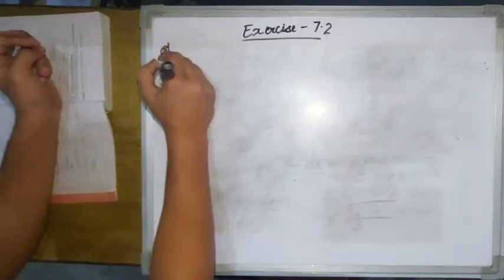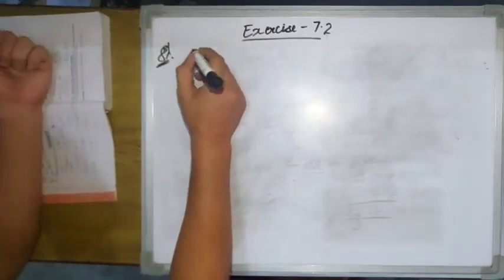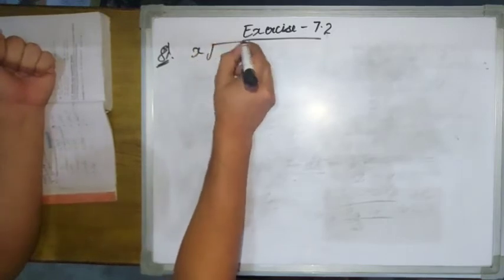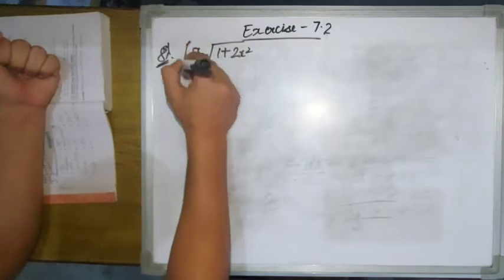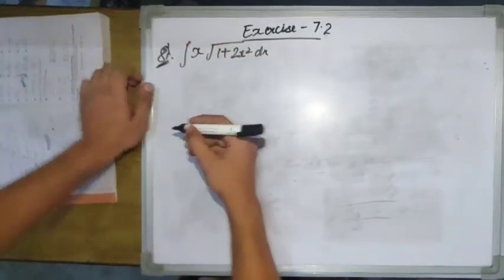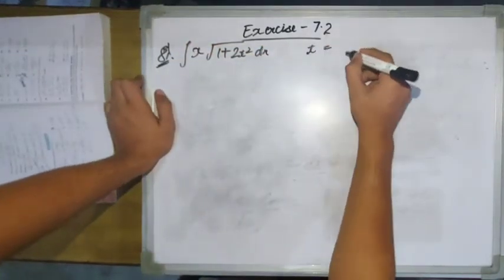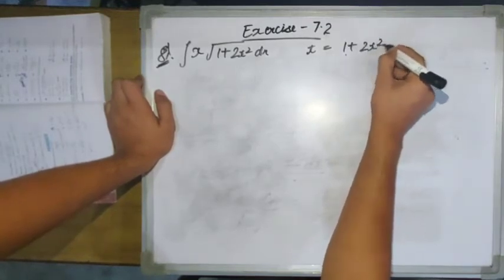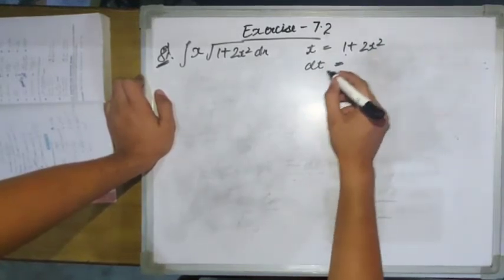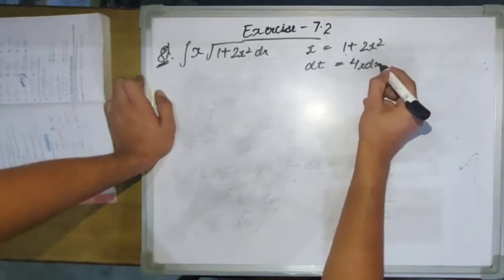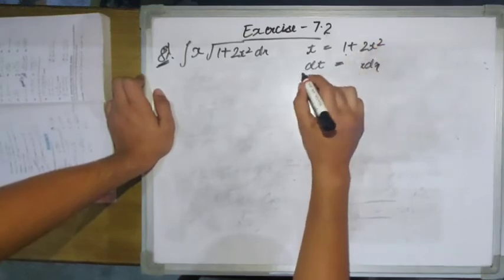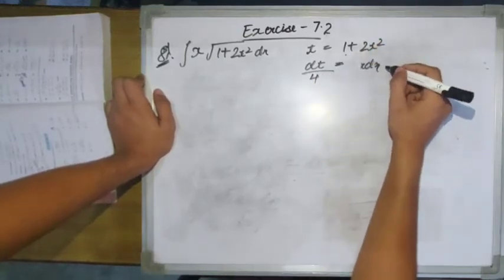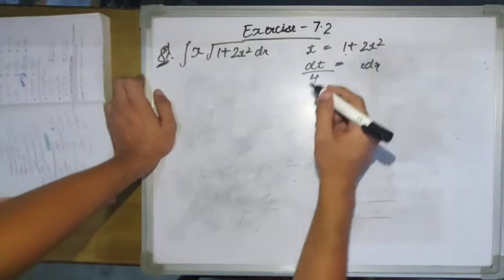Our 8th question is x root 1 plus 2x square. We need to find out the integration. Put t equals 1 plus 2x square, dt equals 4x dx. 4 is none of our use, so taking the 4 to the denominator in the dt, we have x dx equals dt upon 4.